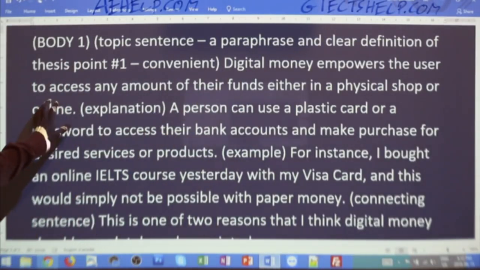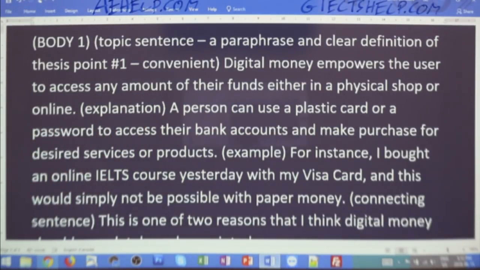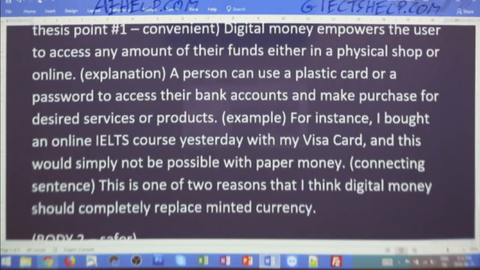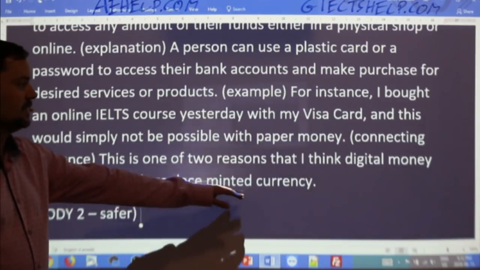Digital money empowers the user to access any amounts of their funds either in a physical shop or online. A person can use a plastic card or a password to access their bank accounts and make purchase for desired services or products. For instance, I bought an online IELTS course yesterday with my Visa card, and this would simply not be possible with paper money. This is one of 2 reasons that I think digital money should completely replace minted currency.